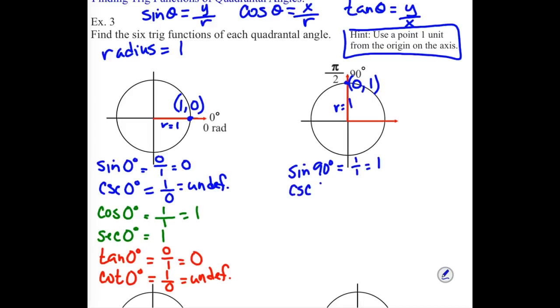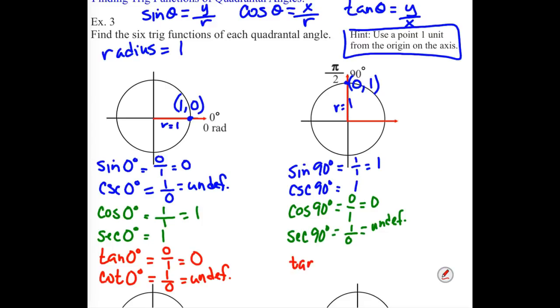The cosecant, its reciprocal, is also 1. Cosine of 90 degrees is x divided by r. 0 divided by 1 is 0. Secant of 90 degrees, when we do its reciprocal, again, we're dividing by 0, which makes it undefined.